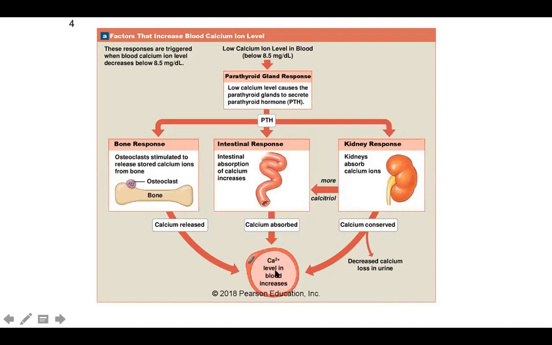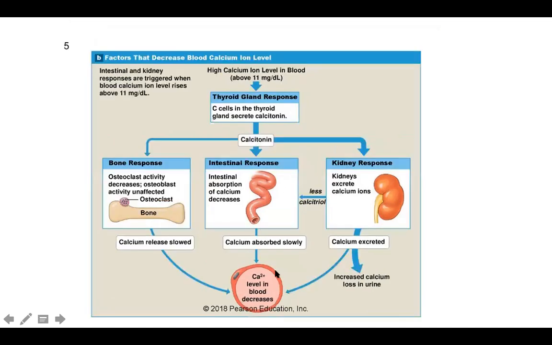So we increase calcium levels in the blood, whereas the thyroid gland senses a high calcium, so calcitonin then causes calcium to release slower from the bone. Now it decreases osteoclastic activity, absorbs calcium more slowly, and excretes more in the urine to then decrease calcium levels.